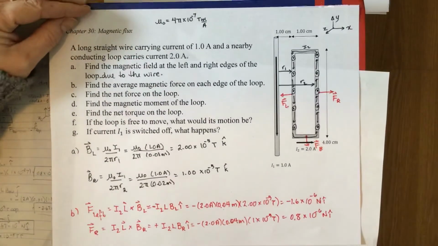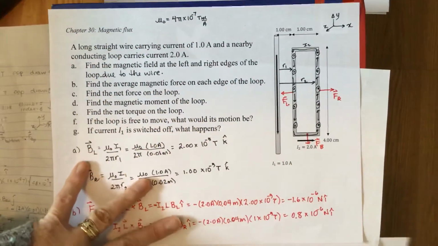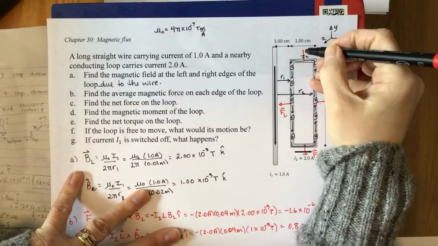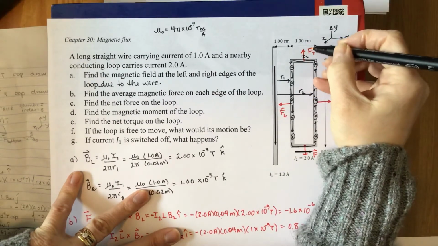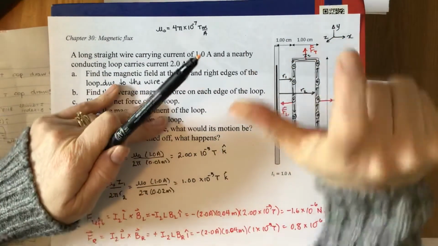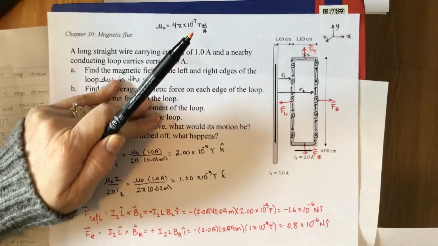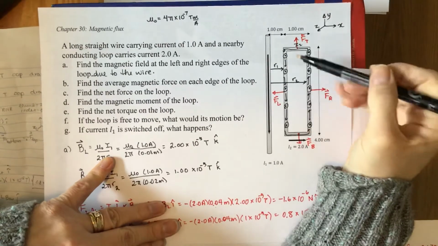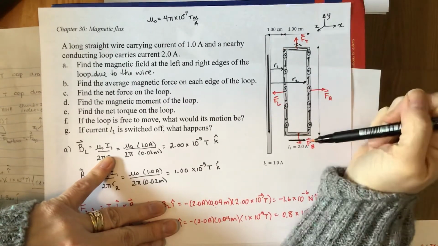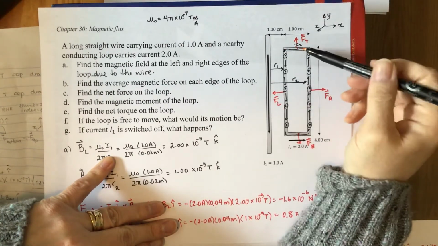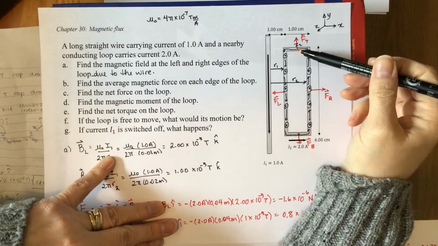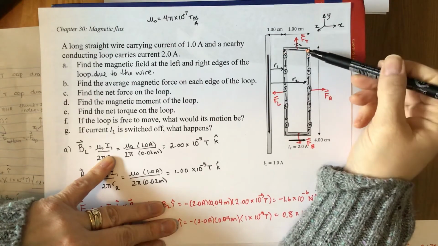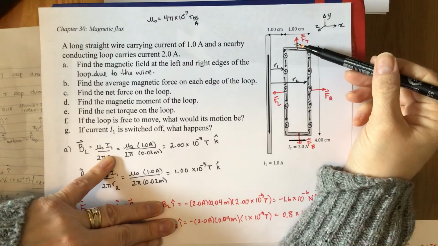And next we want to know the net force on the top of the loop, F on the top. So the direction is I cross B, gives us our force, points in the positive y direction. Something to recognize here is that the two magnetic fields will be the same, I2 is the same, and the length is the same. So I L cross B will give you equal and opposite.